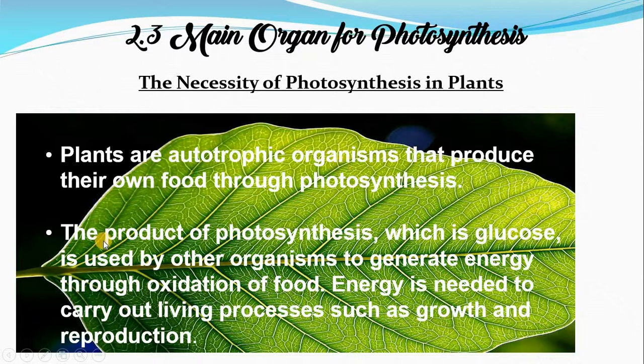Then the product of photosynthesis, which is glucose, is used by other organisms to generate energy through oxidation of food, or in other words, through respiration. Energy is needed to carry out living processes such as growth and reproduction. That is the necessity of photosynthesis in plant.